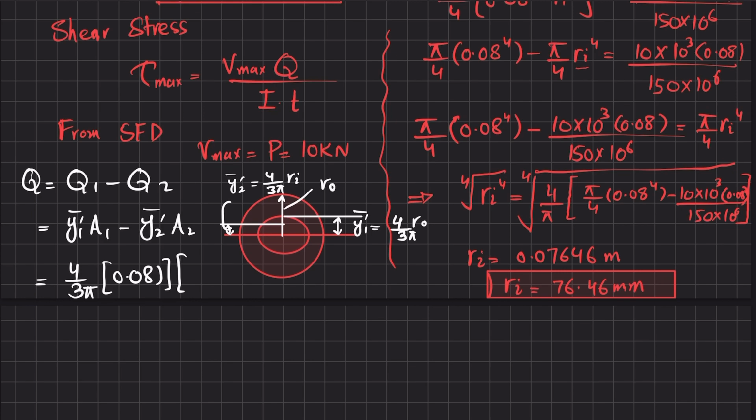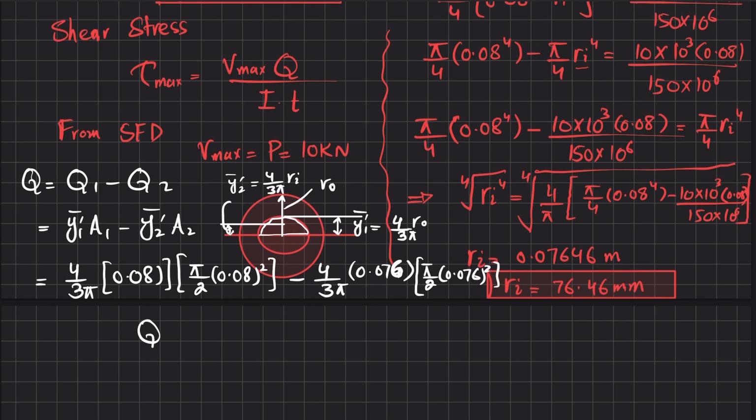The area of a semicircle is pi by 2 R square, so 0.08 whole square, minus 4 over 3 pi R inner, which is 76.46, which is 0.076 meter, into the smaller semicircle, pi by 2 into 0.076 whole square.